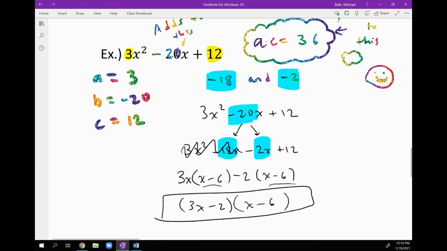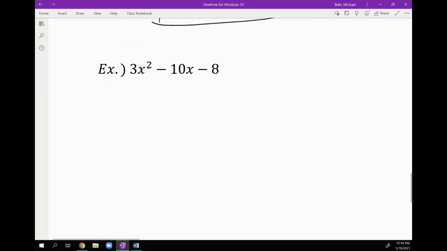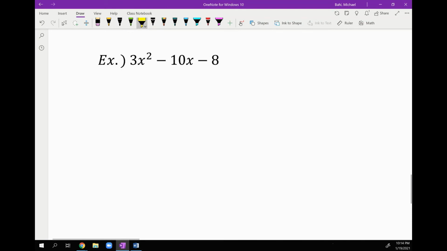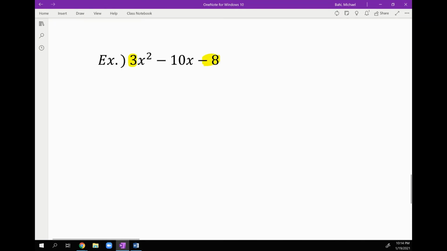Okay, let's move on to the next one. First thing you should always do, see if there's a GCF, which according to inside sources, there is no GCF. So let's see, what would be A times C?